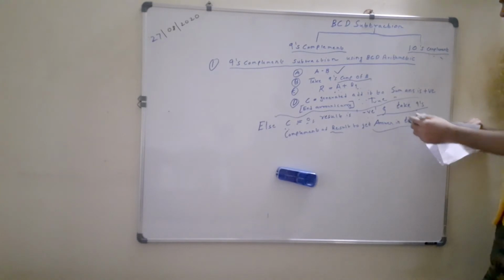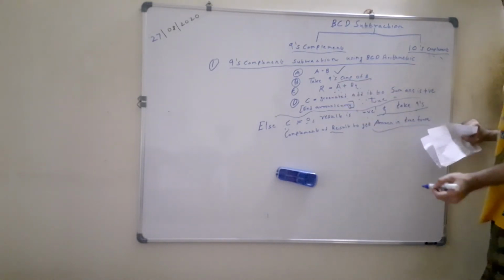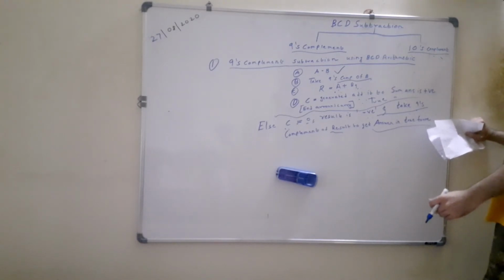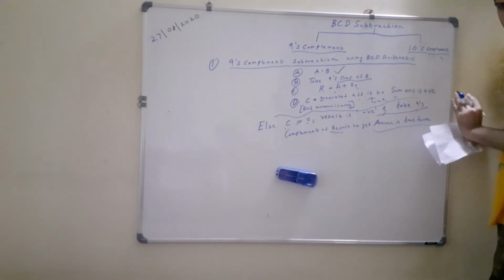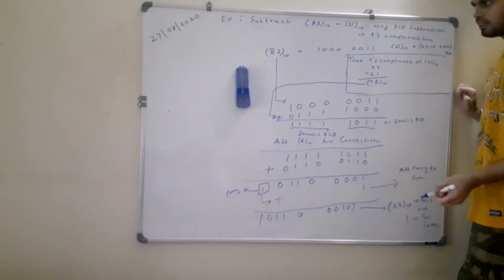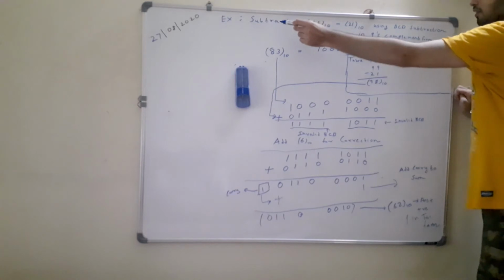Now in order to understand these steps better, we will take a numerical example of BCD subtraction using 9's complement. This is the example which I have written over here.